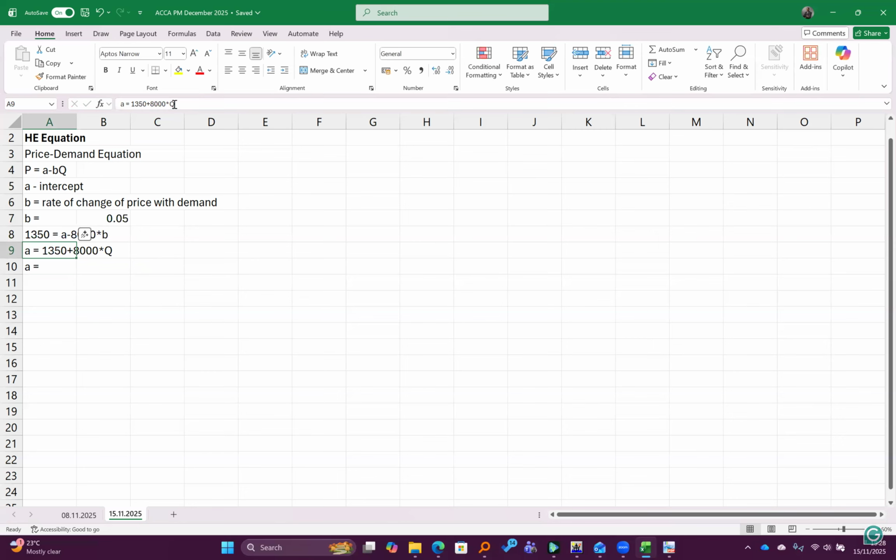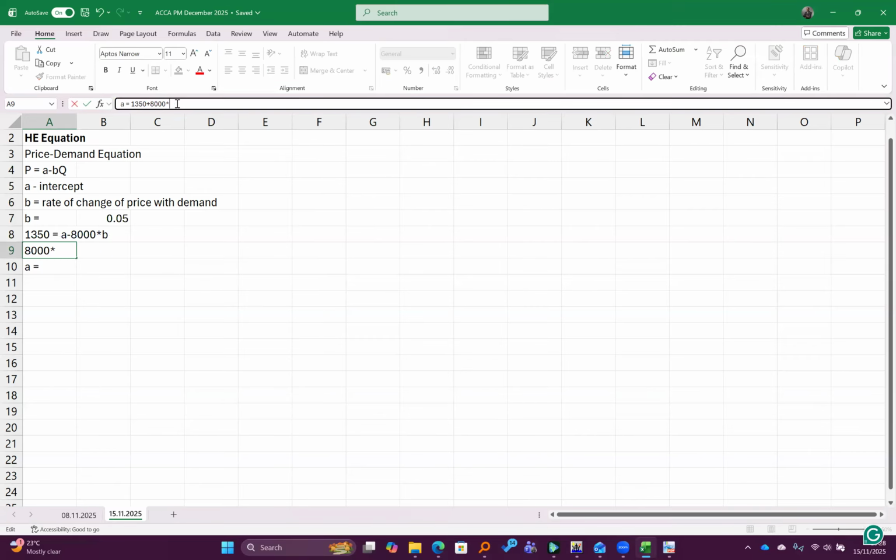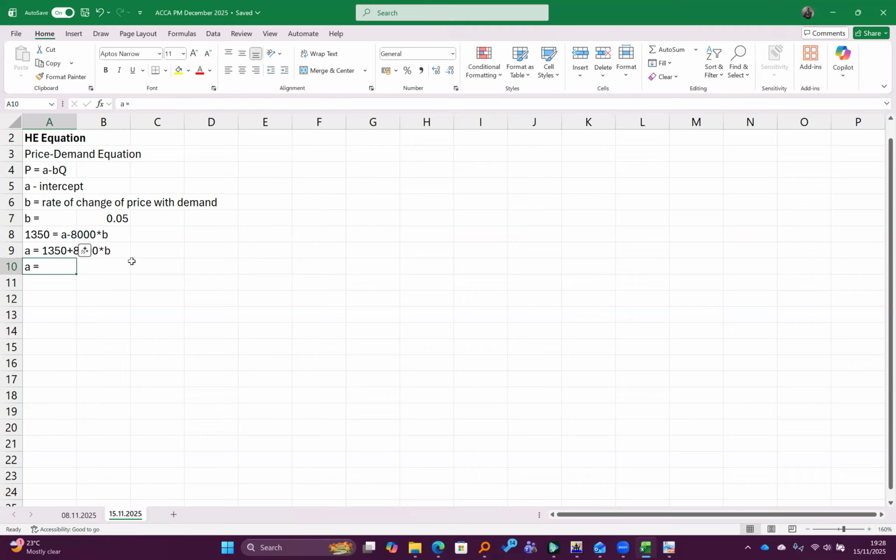So it's equal to 1,350 plus 8,000 multiplied by B. So A becomes 1,750.